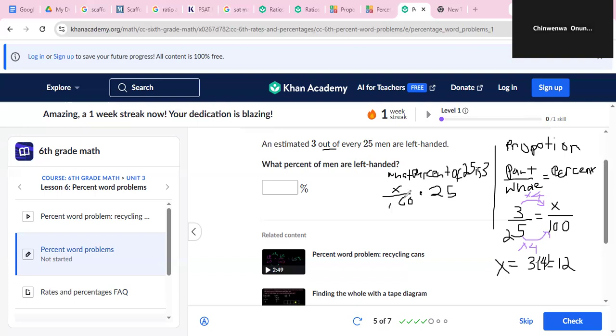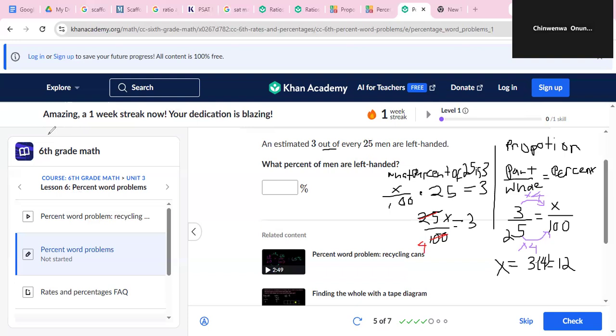Is means equal to, of means multiply, 3. You would multiply this and get 25x over 100 has to equal 3. 25 can simplify with 25 over 100, so that simplifies to x over 4. So I get x over 4 equals 3.